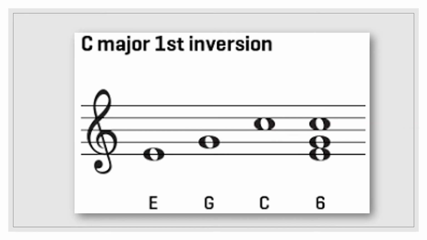Now the reason why they wrote that 6 there is because the distance, or the interval number between E and the C, is a sixth. That is why they wrote the 6 there.